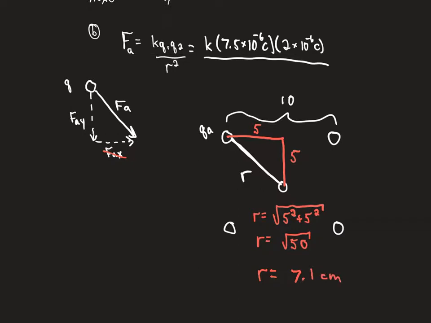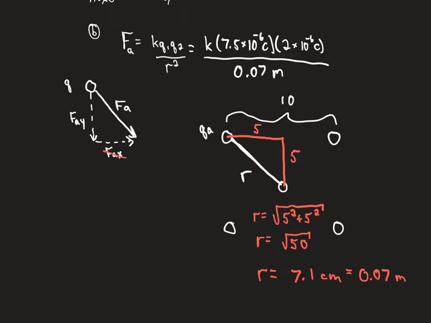It's about 7.1. And that's 7.1 centimeters. What do I need it to be? Meters. How do I convert that to meters? Move the decimal to the left 2 places. So R equals 0.07 meters. So then I can plug in 0.07 meters for my R.